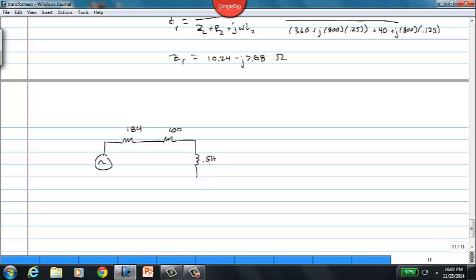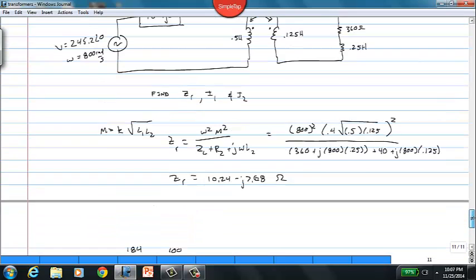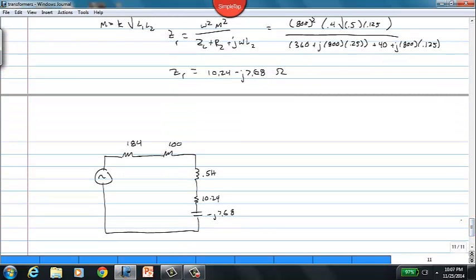And then we need to include that reflected impedance, which we know was a resistance and a capacitor. The resistance was 10.24 ohms, and the capacitor was minus J 7.68 ohms. Again, this voltage source was 245.2 volts.